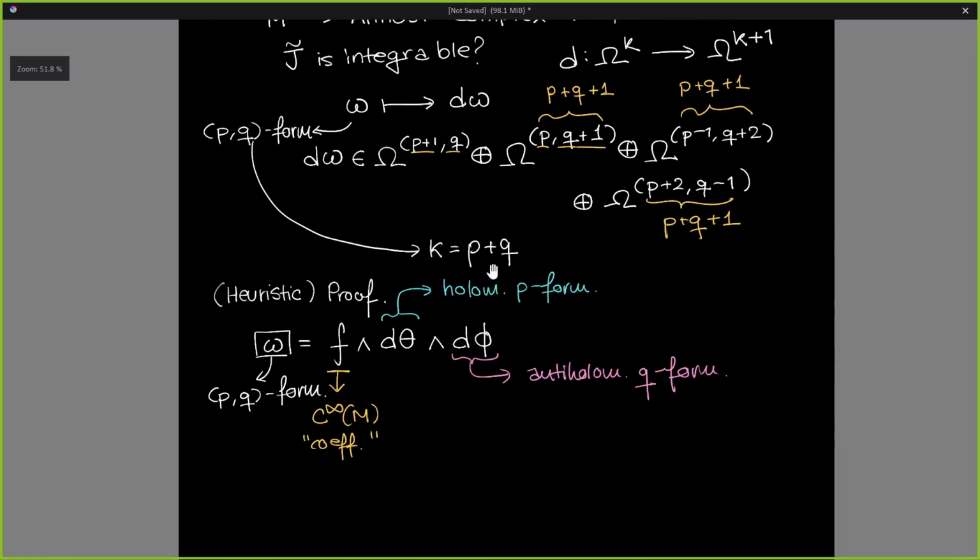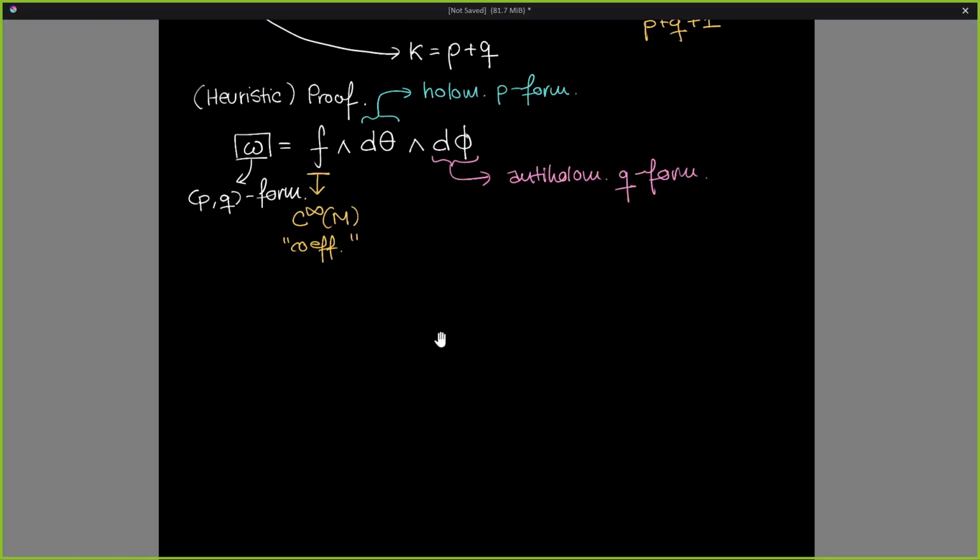Remember, at this point, whenever I say form, I mean exterior differential form. We're no longer going to be talking about just exterior forms or any of those things. From now on, it's always going to be a differential form.